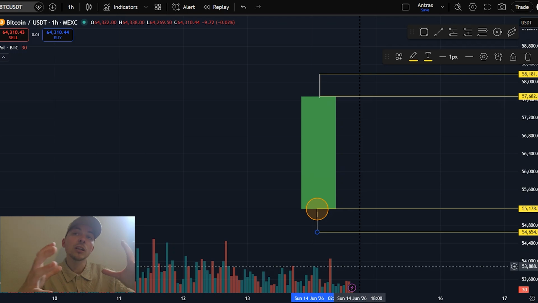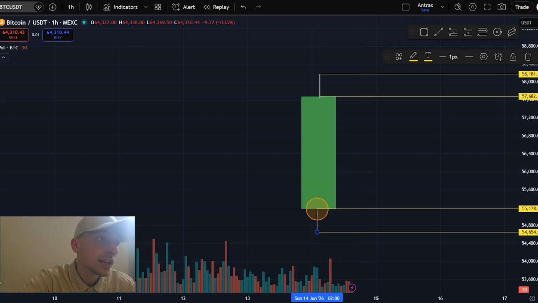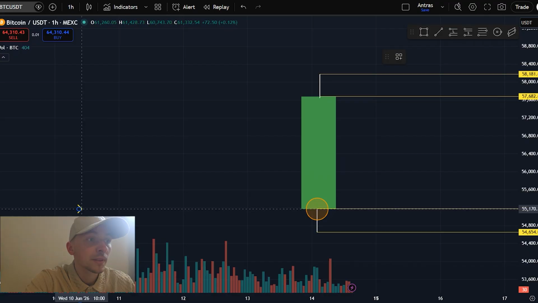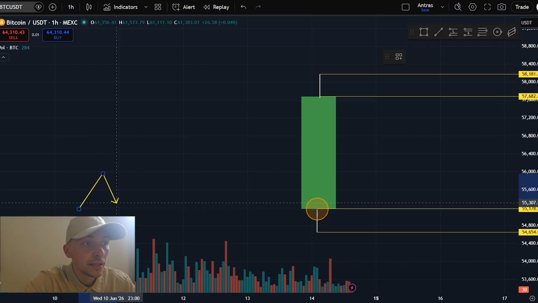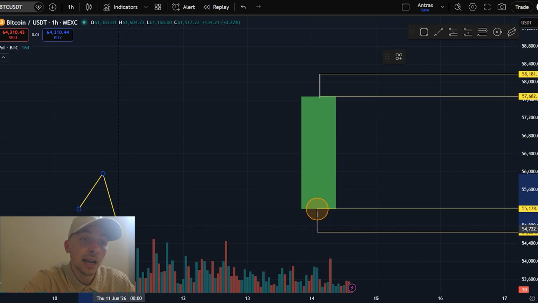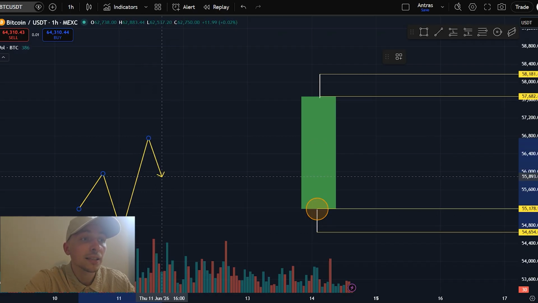We can go to a lower time frame, and the chart in that 1 hour could look something like this. The price started at this level, went up there a little bit, then went down, creating the lowest point, and then started climbing.